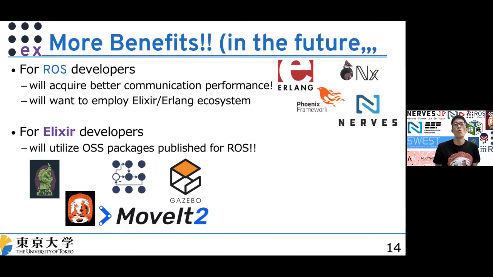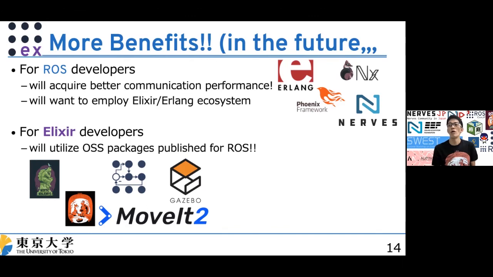And also, we imagine that Elixir developers, including you, want to utilize OSS packages for ROS. Most ROS packages and frameworks are implemented in C++ or Python. It makes little sense to implement them again in Elixir from now on.